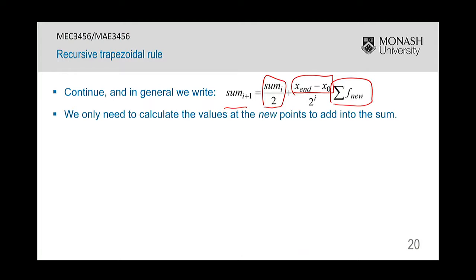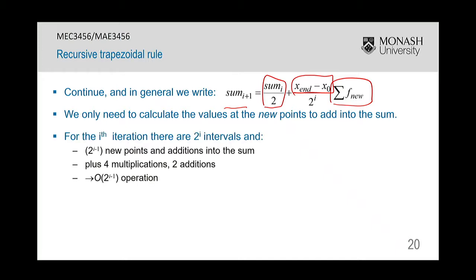What that means is we only need to calculate the values of the function at the new points and add these into the existing sum. We don't need to do the sum for every single point each time we double the number of intervals.